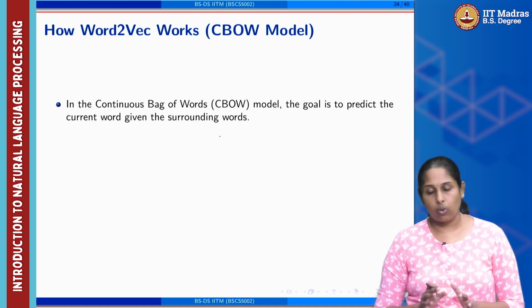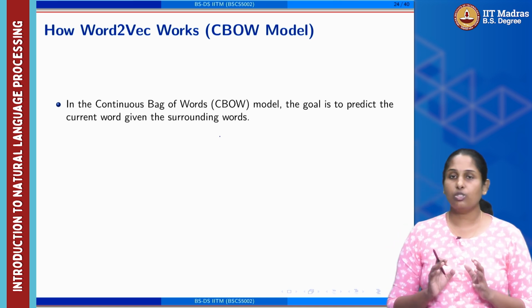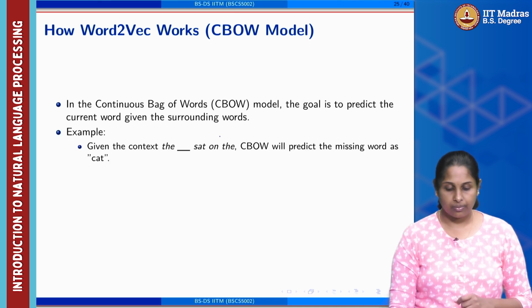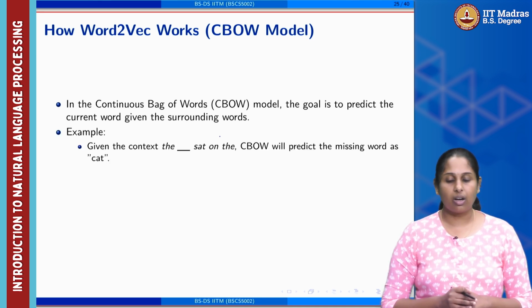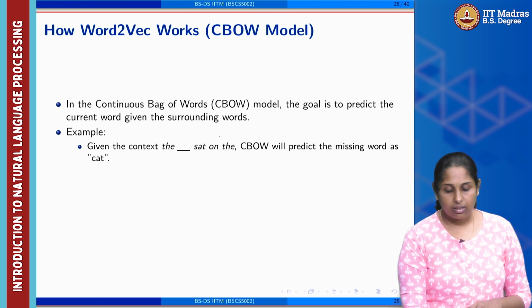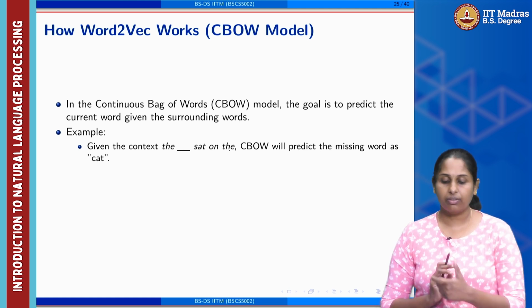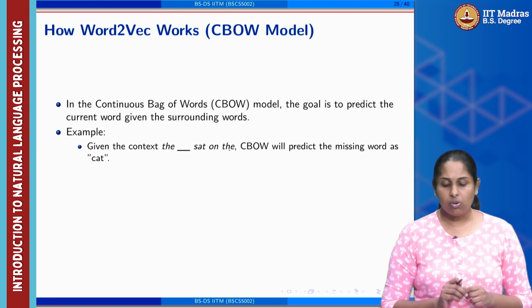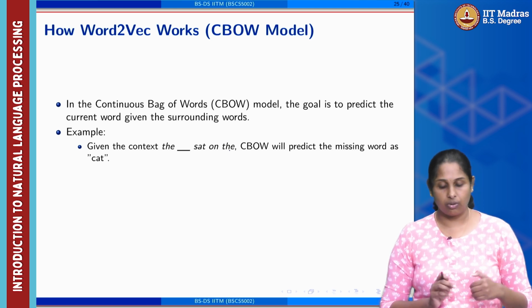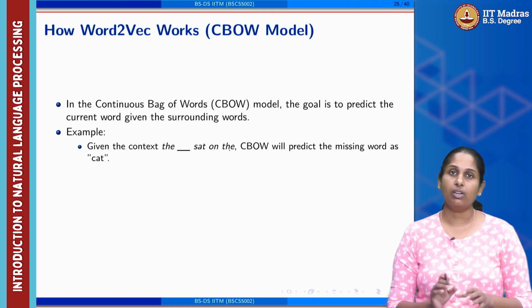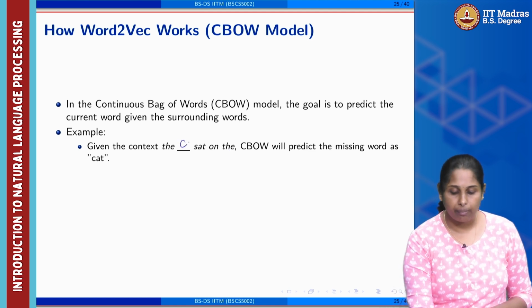In the CBOW model, the goal is to predict the current word given the surrounding words. Let us take the context: the dash sat on the. The surrounding words are given, and CBOW will predict the missing word, which can be cat here.